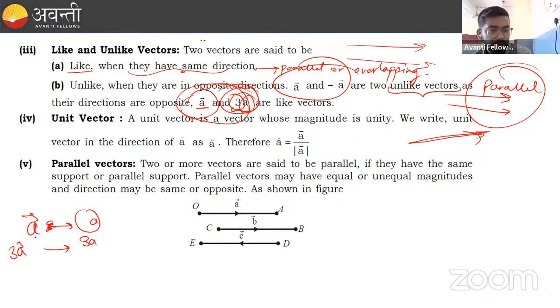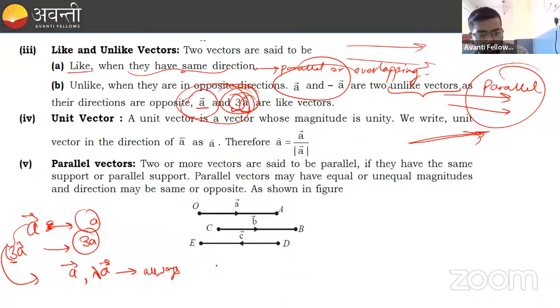But since only a constant is multiplied, we can say that A bar and lambda A bar always have the same direction.